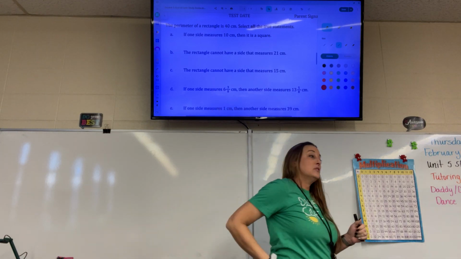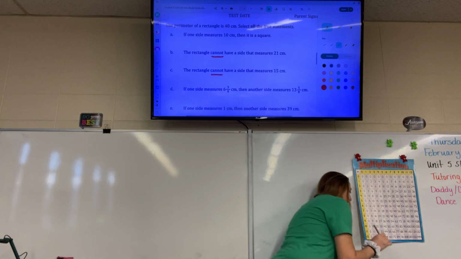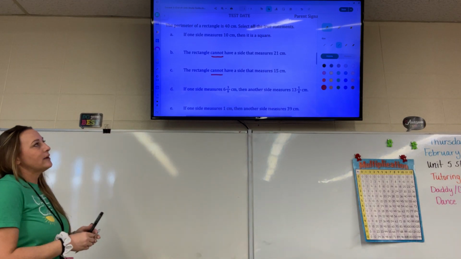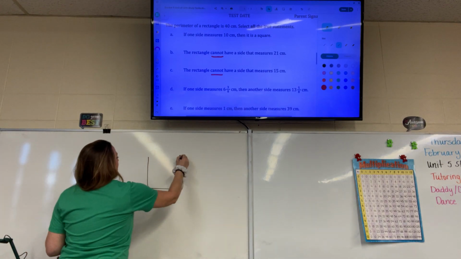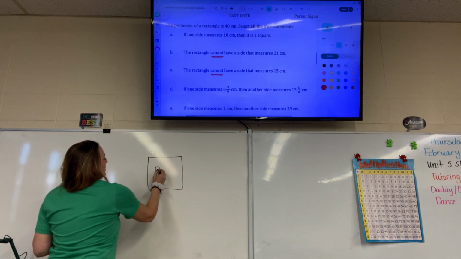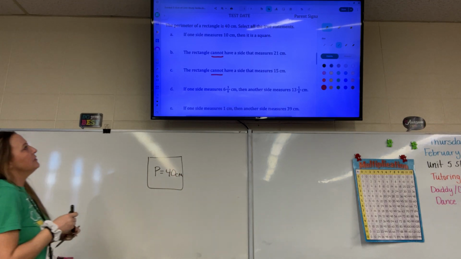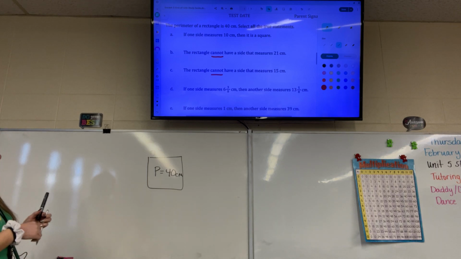I want you to underline those. Okay, it says the perimeter of a rectangle is 40 centimeters. So we have a rectangle and the perimeter is 40 centimeters. It says select all the true statements.